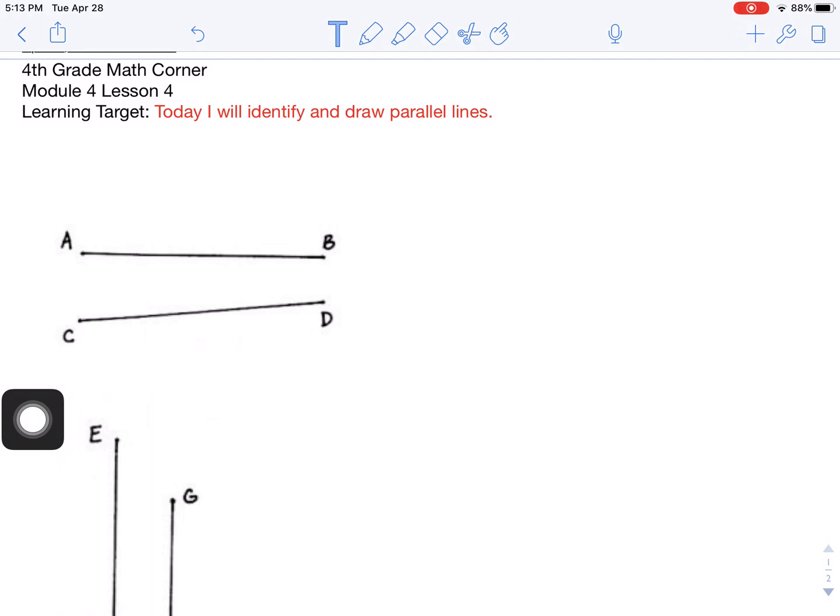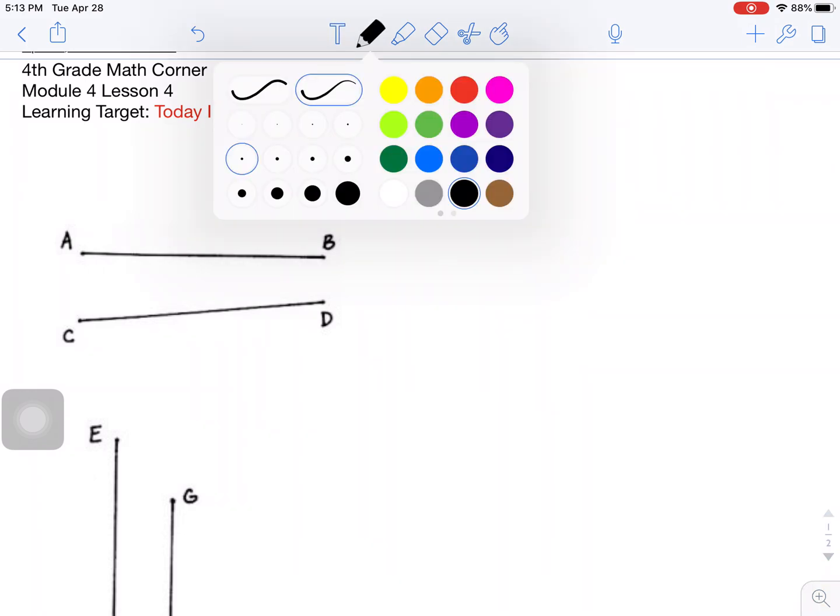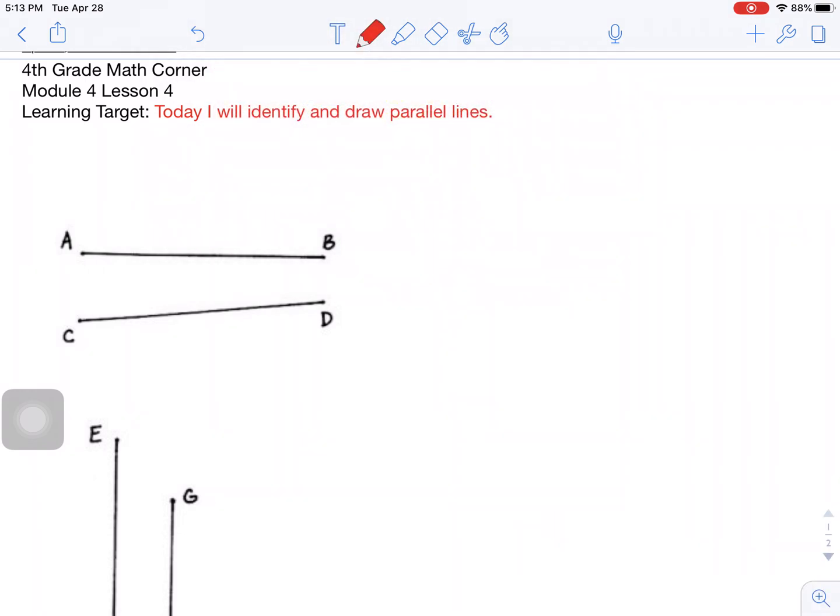But if I extend them on and on and on, let's extend them with a different color so we can tell the difference, would they touch? Yes, eventually, after they continue to extend, they will touch.